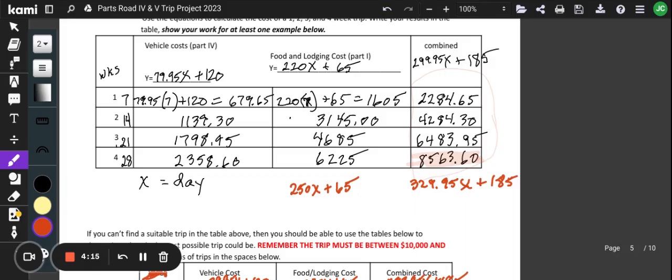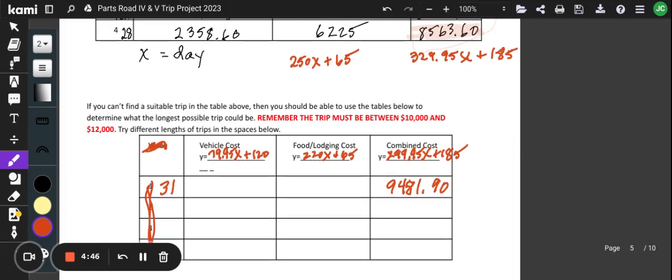Maybe 30. Well, we want to go for the longest we can and still be in budget. So 31 times 329.95 plus, okay, let's try it again. 31 times 329.95 plus 185 equals.